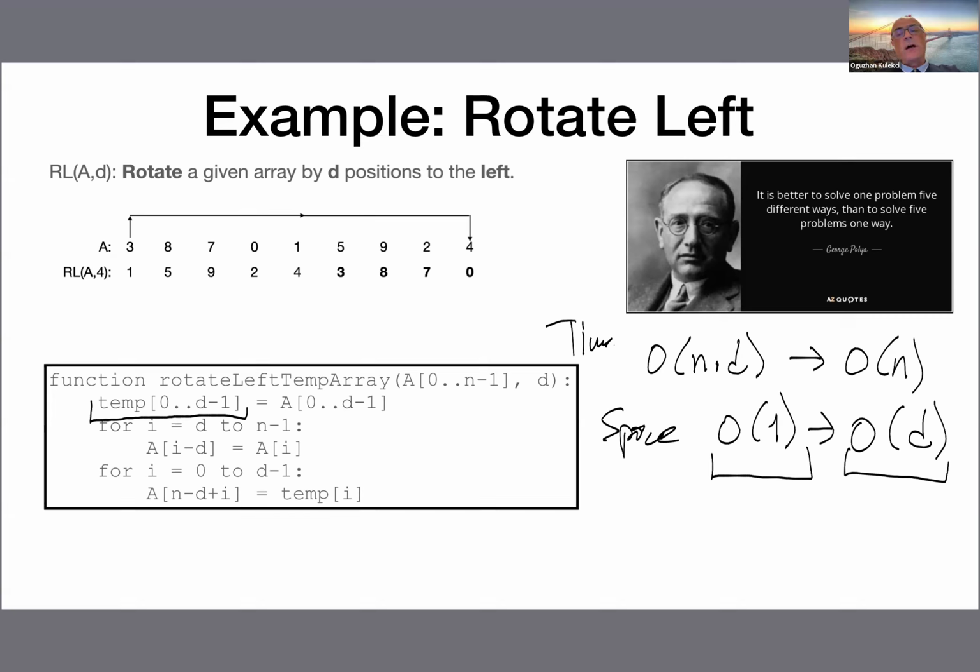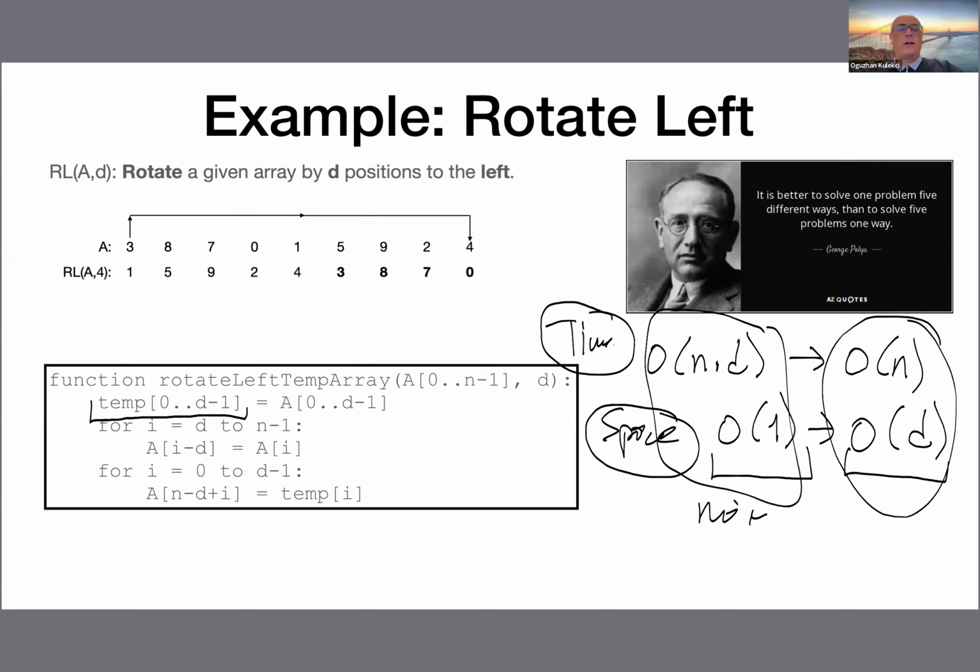In other words, I'm using more space to make my algorithm more time efficient. So this is called the time-memory trade-off, let me say. In the upcoming lectures, we will have more time to investigate this approach, but just to warm up, I want you to see that. So this was the naive version, and this is now our new version, the temp array version.